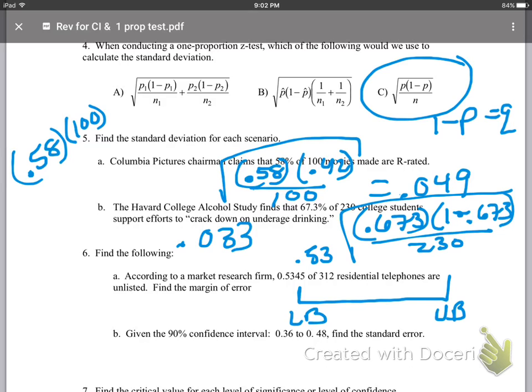All right, let me think about this right here. I want to find the margin of error.